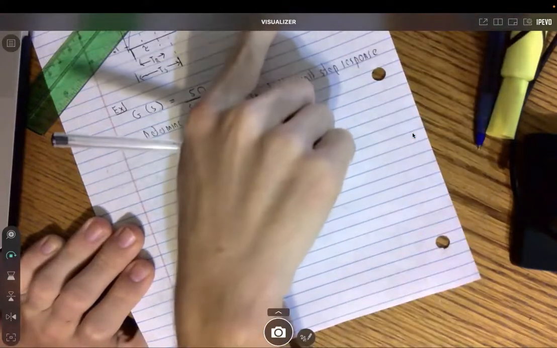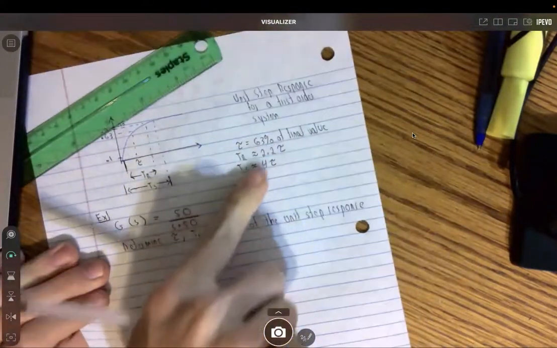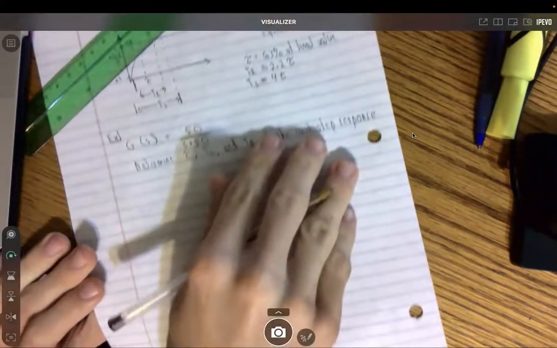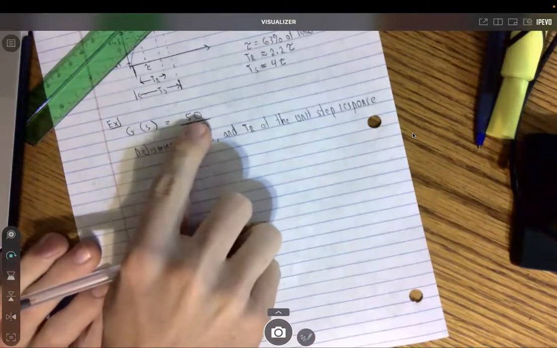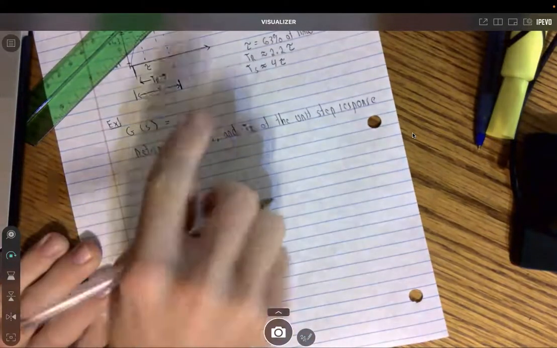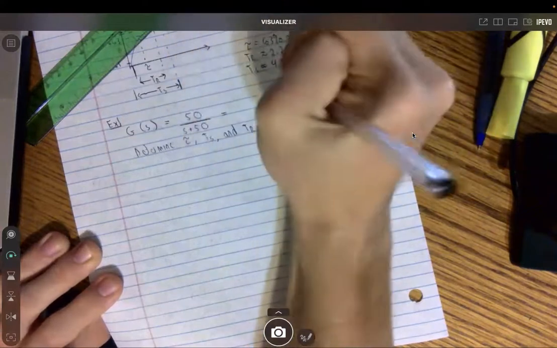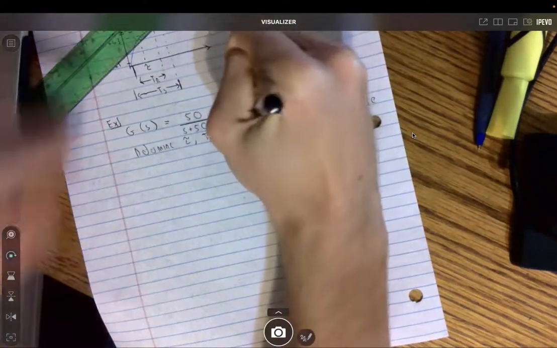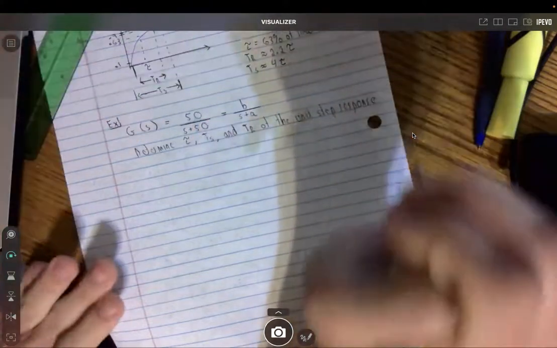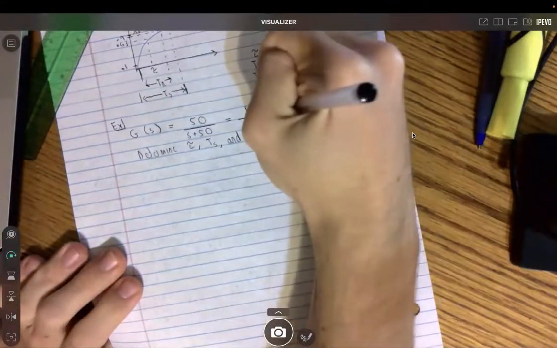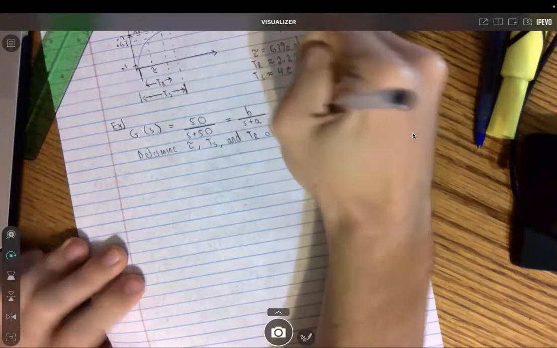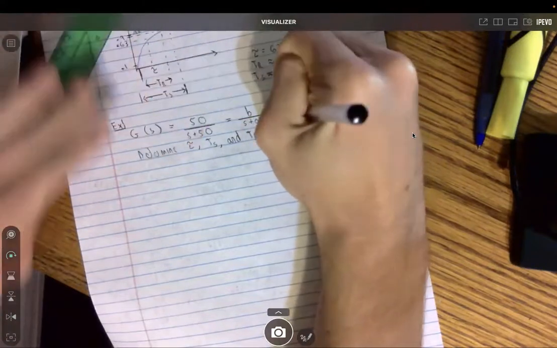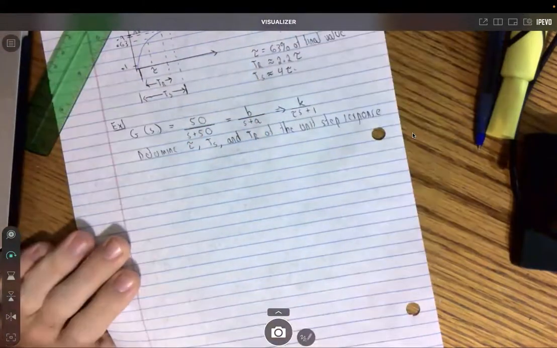Well, we know the unit step response of a first order system is given by the following. Our final value from here, notice that they gave this equation in the format of b over s plus a. And remember how we said that you can go from this format and calculate it so you get k all over tau s plus 1.